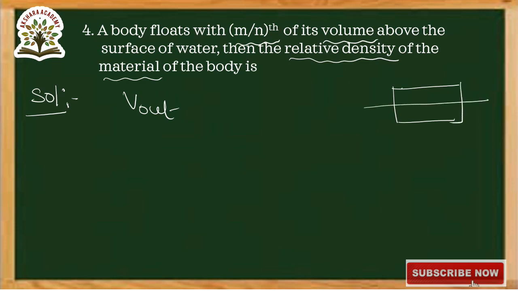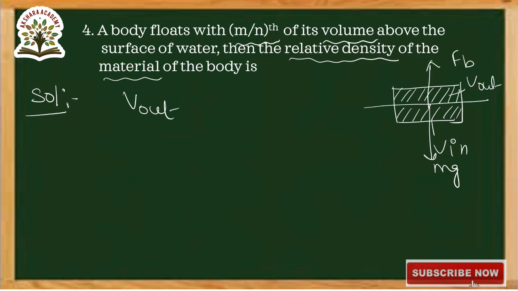This is V out, and this is inside, V inside. One force acts vertically downwards, that is the gravitational force, and one force acts vertically upward, that is the buoyant force.